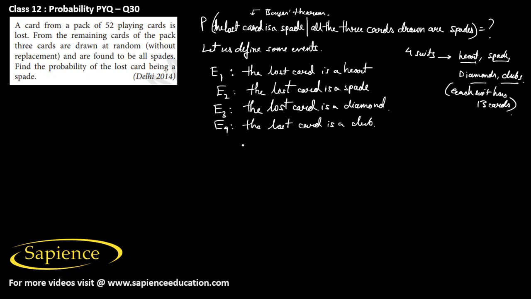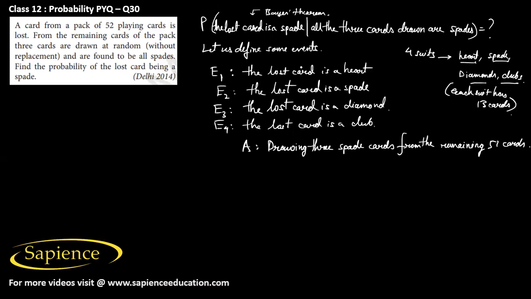And let's say we define another event A, which represents the event of drawing 3 spade cards from the remaining 51 cards, since one card has been lost.